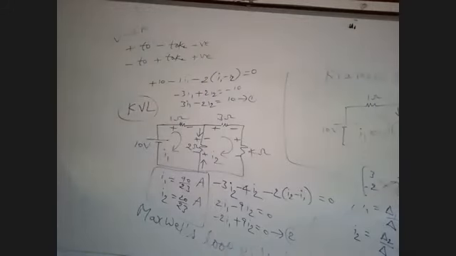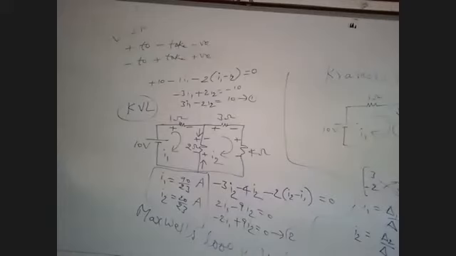Write down the definition for KVL: the algebraic sum of voltages in a loop is equal to 0. Algebraic sum of voltage drops in a loop is equal to 0.